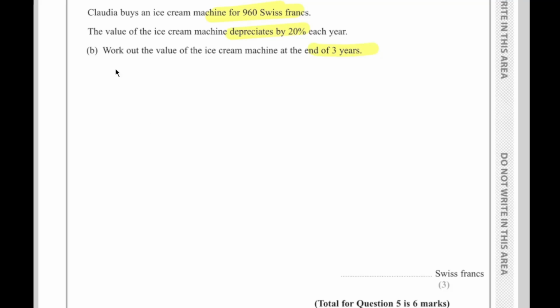So we can write the new value equals the initial value or the cost, which means the principal value, 1 plus or minus r over 100, the whole thing to be raised to the power of n.